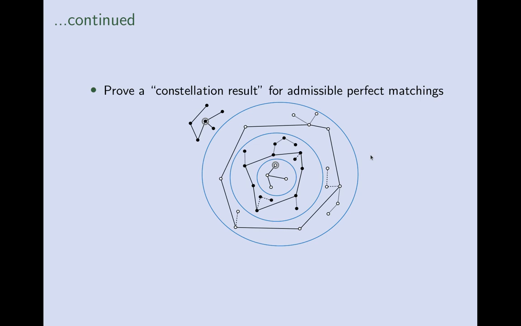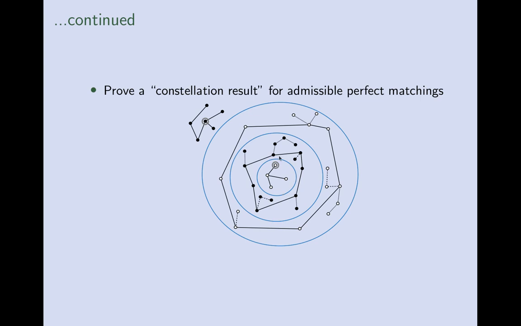So if you consider this slide as being compactified suitably to get S2, then at the center here we have a rooted white tree induced by the admissible matching. Then this is surrounded by the first component of the Jordan resolution.